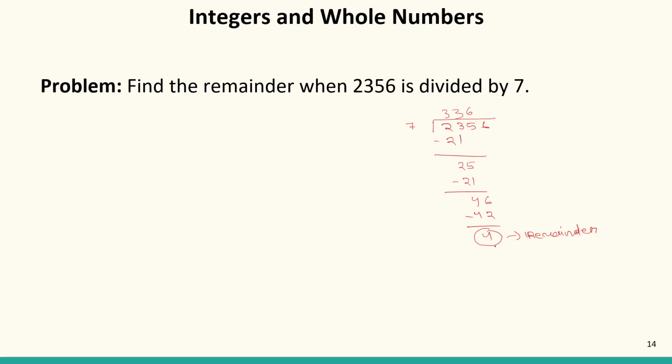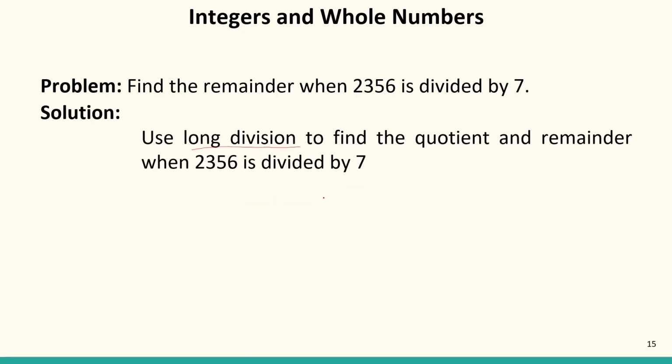Since the remainder 4 is not equal to 0, 2356 is not divisible by 7. We can arrive at this conclusion.